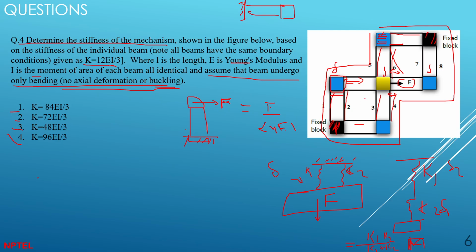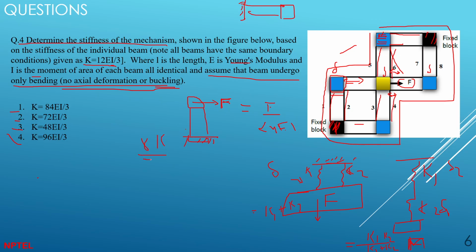So it's the same case as that, and the effective stiffness will be K1 plus K2. So here also it will be K1 plus K2 plus K3 and so on. All stiffnesses will be added. Here there are 8 beams, so it will be 8K.